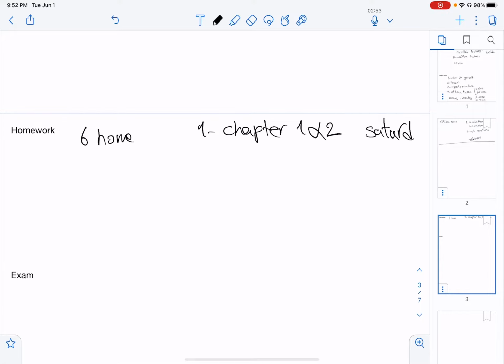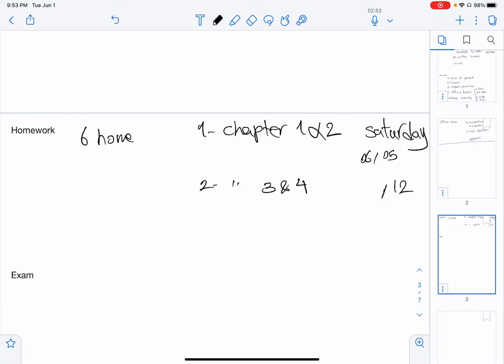So we have chapters 1 and 2, and the due date is on Saturday, June 5th. And then we have chapters 3 and 4 for the next homework. The due date is on the 12th.